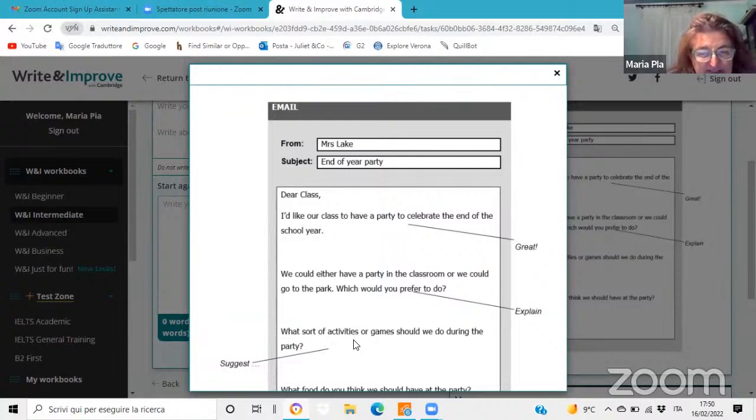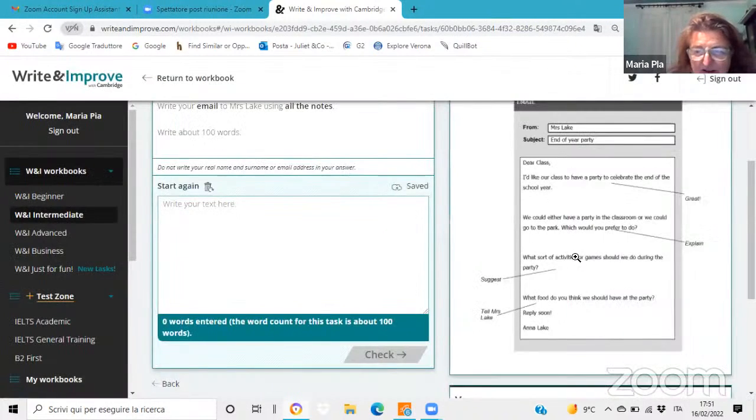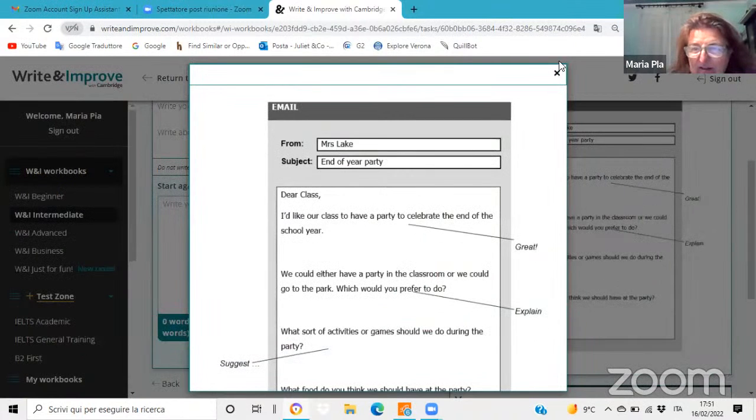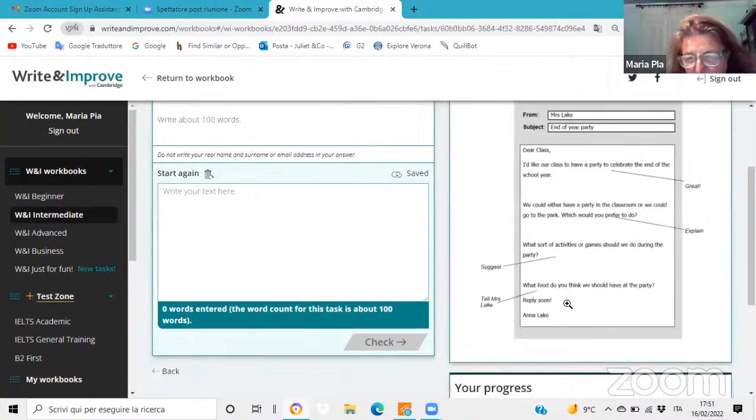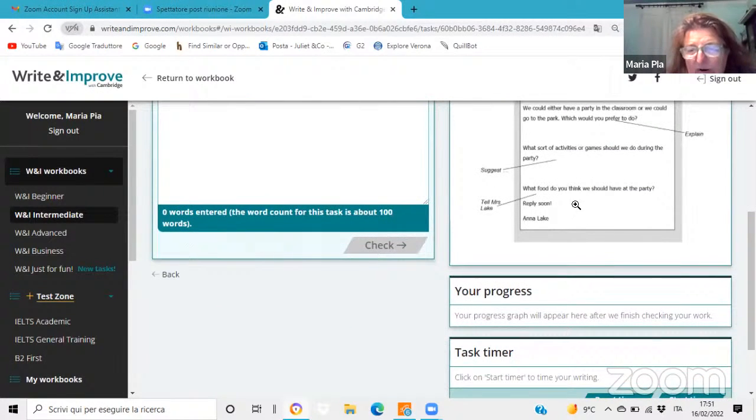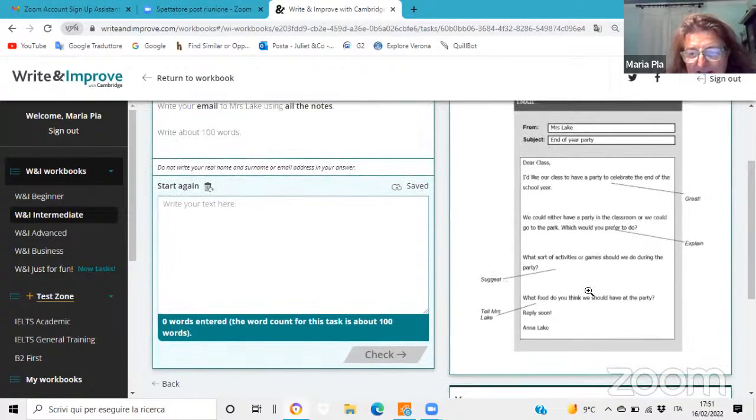What sort of activities or games should we do during the party? What food do you think we should have at the party? Reply soon. Anna Lake.